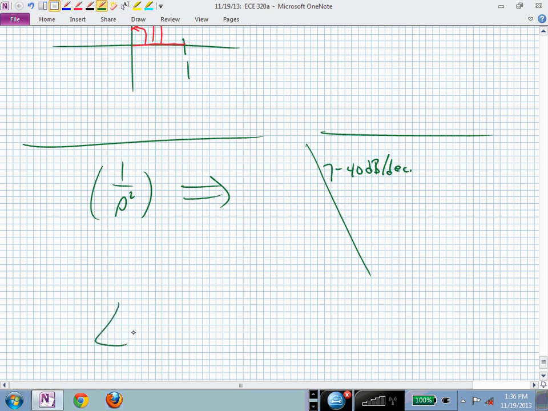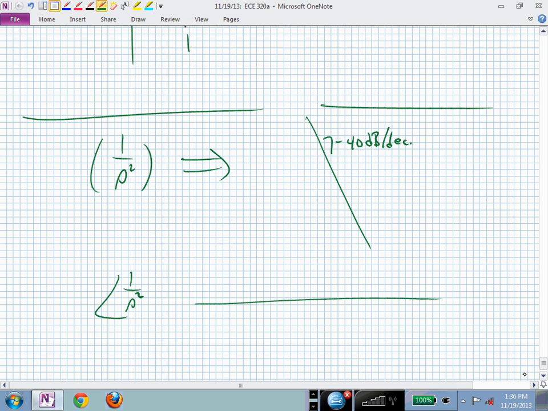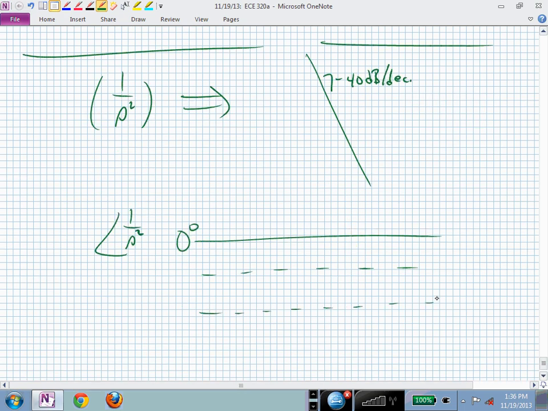And the phase of 1 over s squared is just twice what we just sketched. It's not 90, it's 2 times 90, or minus 180 for all frequencies. That's what you would do for a doubling of the pole at the origin. A double integrator, which is a pure mass system, if you wanted to think mechanically in dynamics.